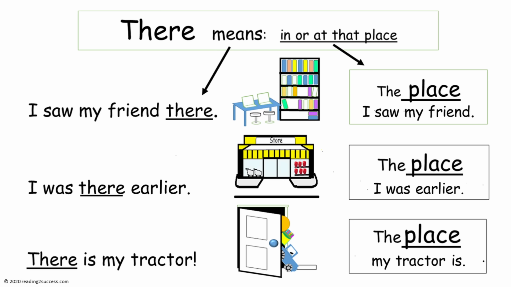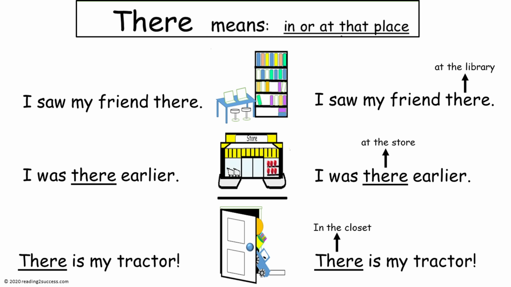The second sentence, I was there earlier. There refers to the place I was earlier, at the store. And the third sentence is, there is my tractor. There refers to the place my tractor is, in the closet.